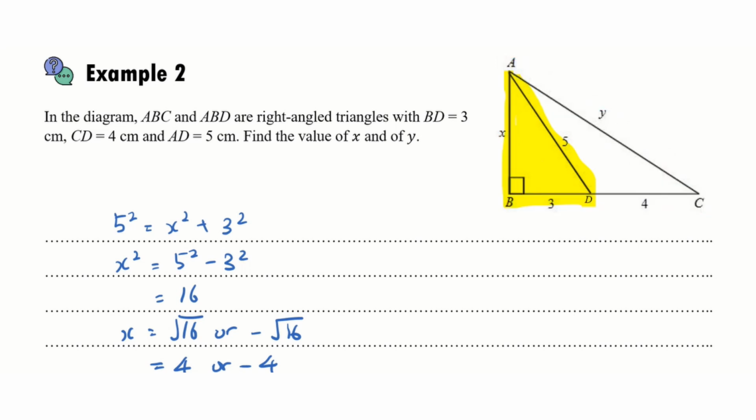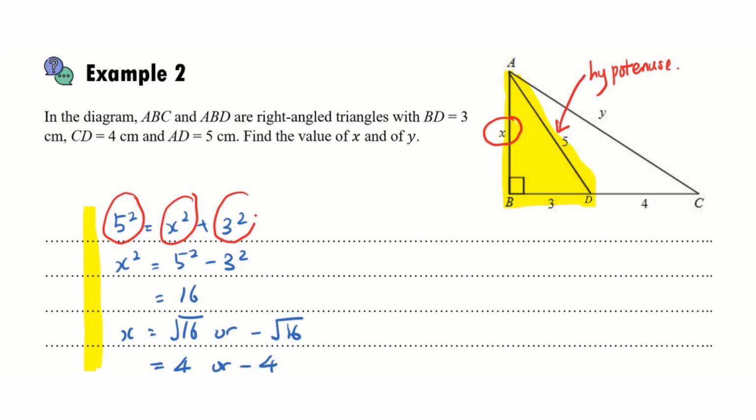So focusing on this yellow triangle, I'm going to highlight this part as involving the yellow triangle. In the yellow triangle, I notice that the unknown is over here, and the hypotenuse refers to this 5 cm. Now that I have identified the hypotenuse, I will apply my Pythagoras theorem, which is c square, which is 5 square, equals a square plus b square.